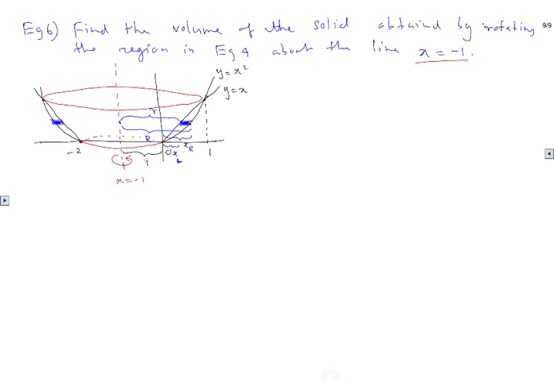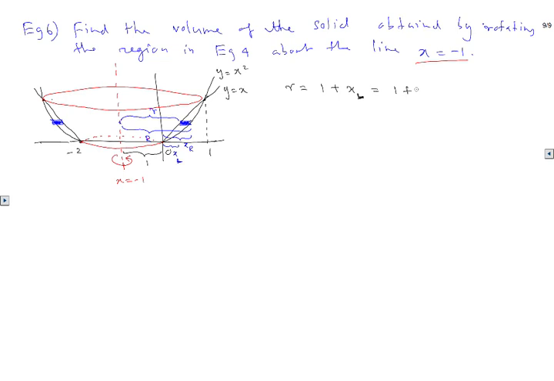So what's going to happen? Small r is 1 plus the one in the left, xl, the x coordinate of the left curve. So 1 plus, what is xl? You have to solve for xl from the left curve, which is y equal x.